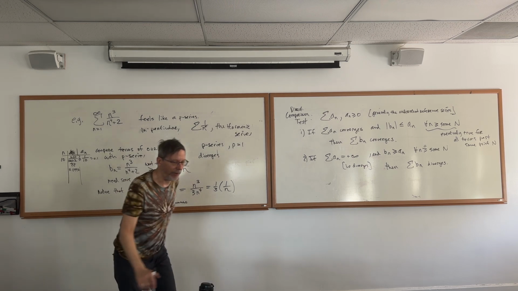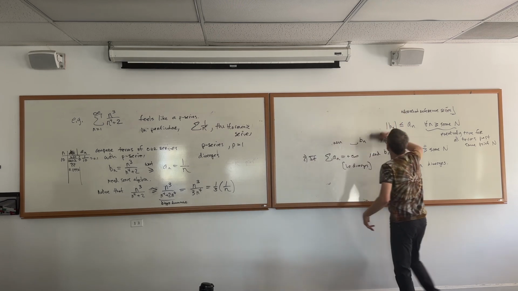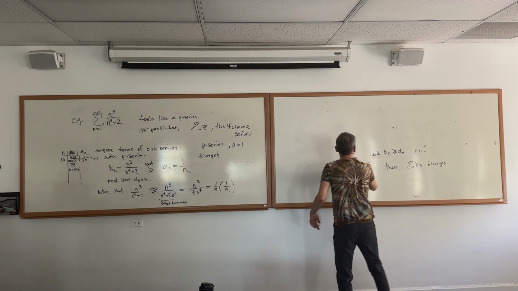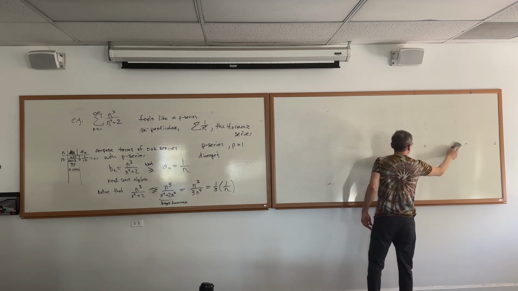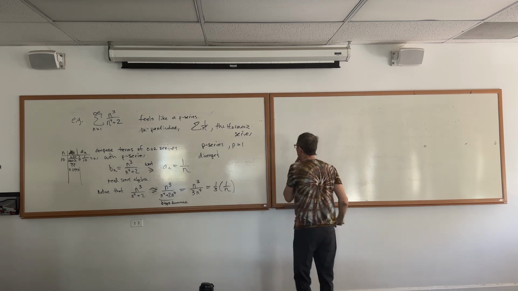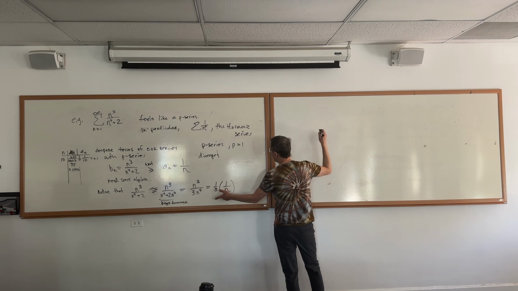So let's write this up on the right side here. I'm actually going to ask you to read that proof. If you would read through this section, that would be great. I think it'd be more fun today to just work on some applications of tests.